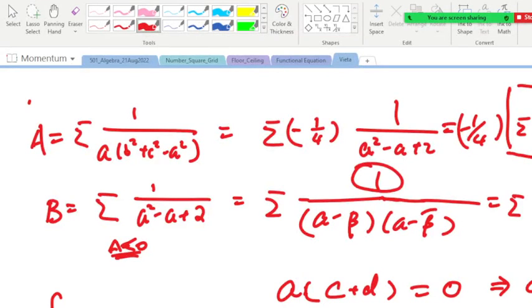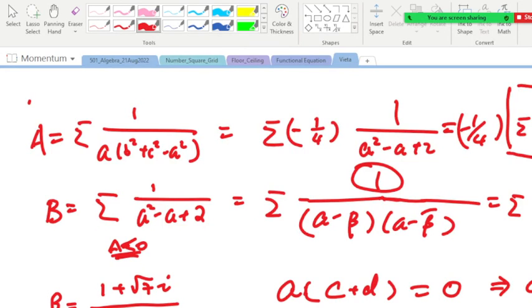So after solving this one, the beta will be what? It is 1 plus square root of 7 i. Then the beta conjugate is 1 minus square root of 7 i. So we know C is the negative of D, right?